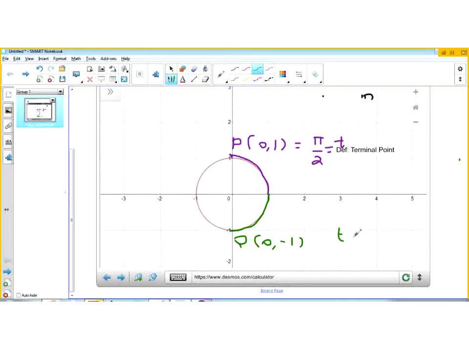So this is for t equals negative pi halves, which also equals the terminal point for 3 pi over 2 radians. Okay? Because we can get to 0, -1 in 2 different ways by going in 2 different directions. So this also equals 3 pi over 2.